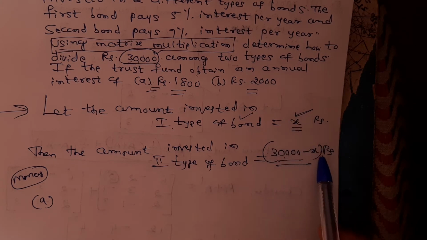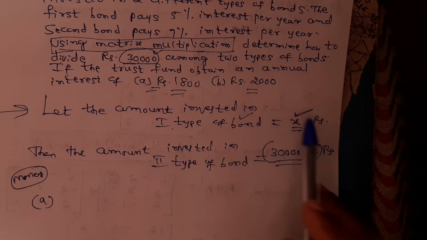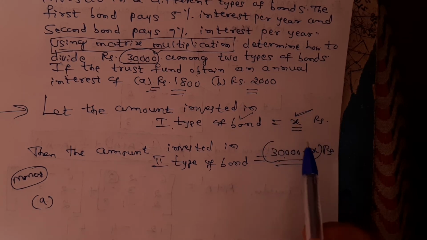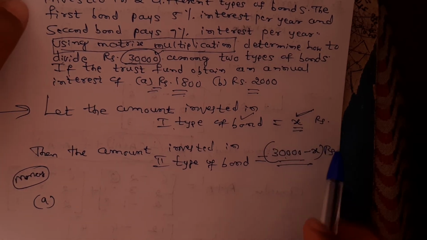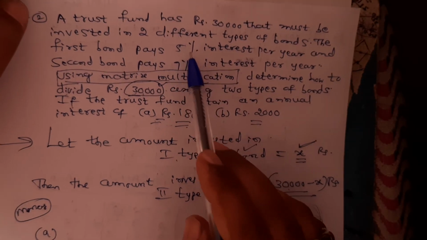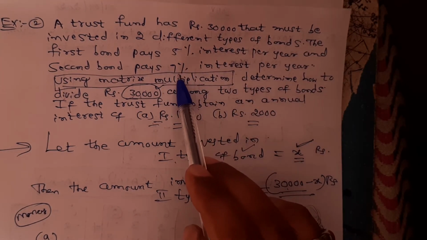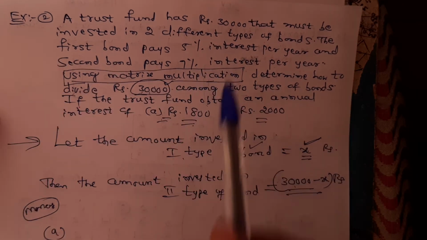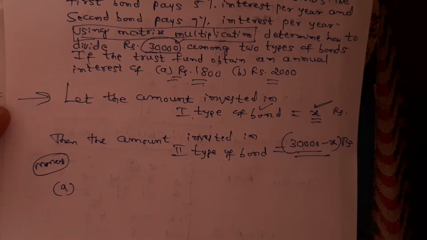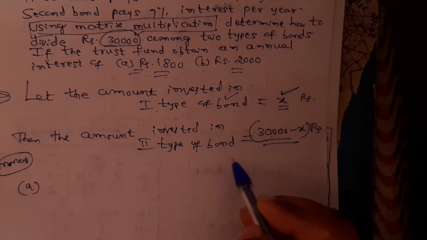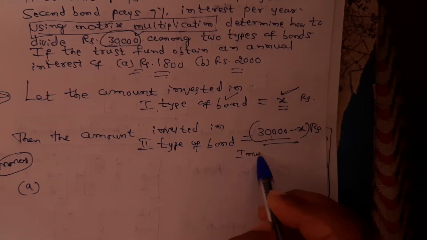In the other type of bond I have invested 30,000 minus x rupees. So I got one matrix as the investment matrix. Another matrix is the interest. The first type of bond pays 5% interest and the second type of bond pays 7% interest. So the idea here is we have to write two matrices. Out of that, one matrix is the investment matrix.